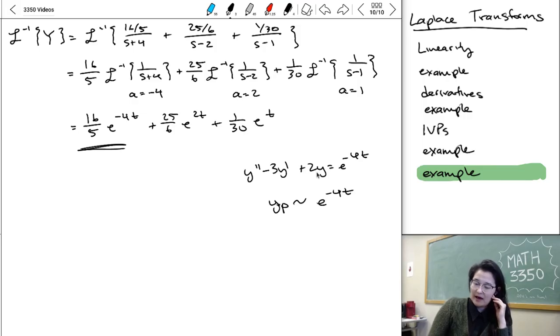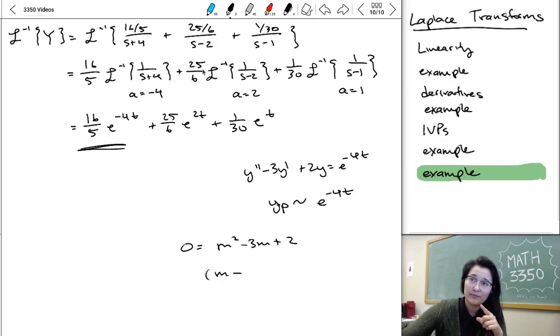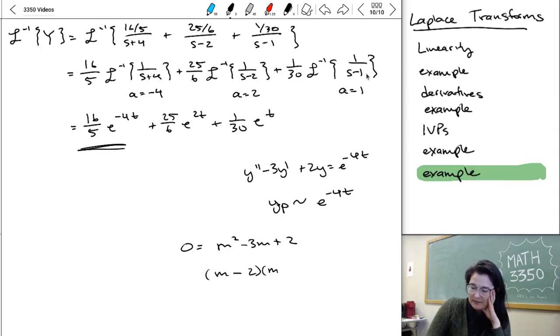And then plugging in our constant coefficient process would eventually lead to solving this equation, which factors, same way breaking up this denominator did, we're creating that same term again, into m minus 2 times m minus 1, so we'd get m equals 2 and 1.